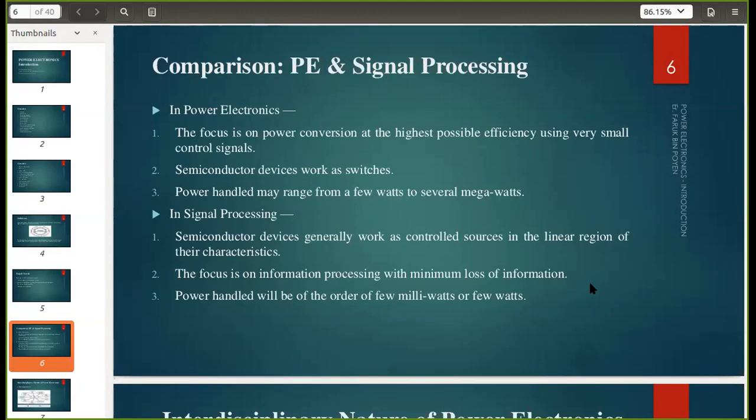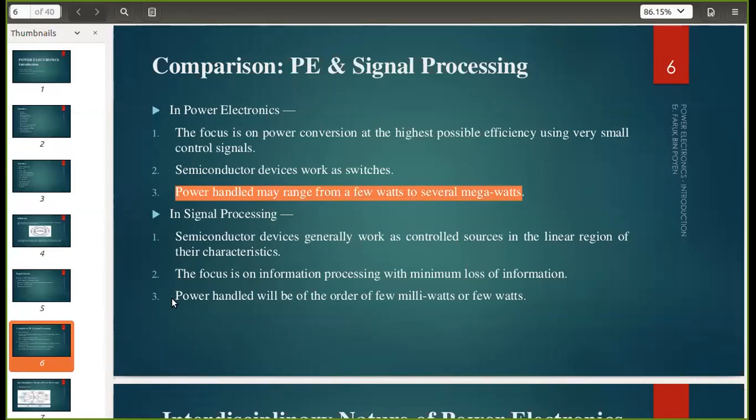And the last part here is the power handled will be of the order of a few milliwatts to a few watts. You can see there is a huge difference. In power electronics, the power handled may range from a few watts to several megawatts, a huge high power that even a human cannot touch.